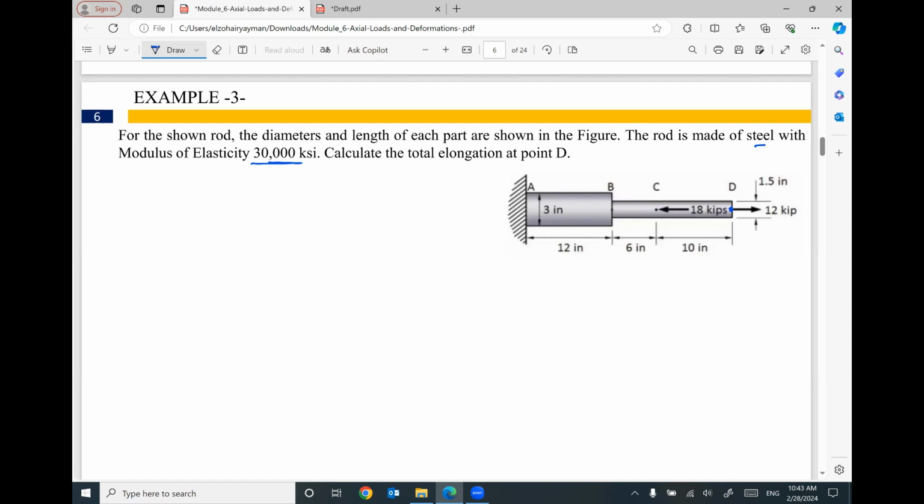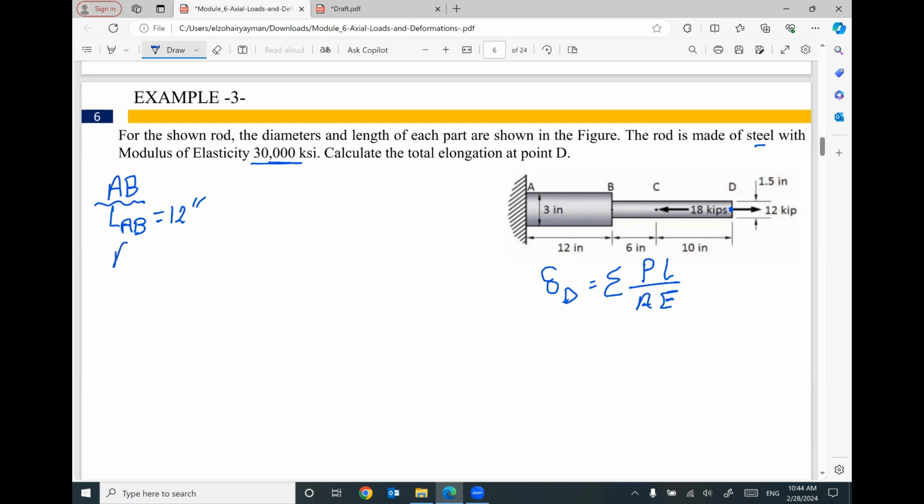Keep in your mind, since we have different parts, AB, BC, CD, that means the total elongation at point D will equal the summation of P times L divided by A times E for all of these parts. So let's start with each part one by one. For part AB, what is the length of part AB? It will equal 12 inch.